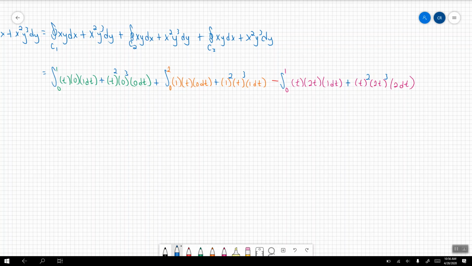Now there are going to be some really nice simplifications here because anything that has a 0 is going to get canceled out automatically. So look at my first integral here. t times 0, well, that's going to be 0, so that goes away. t squared times 0 cubed times 0 dt goes to 0, which means my first integral is just a big bunch of zeros.